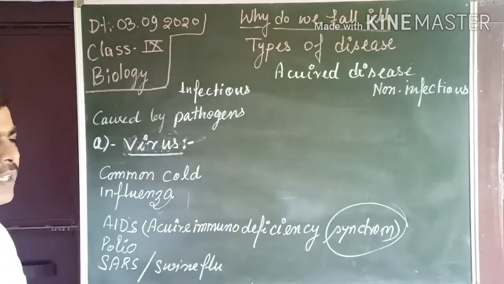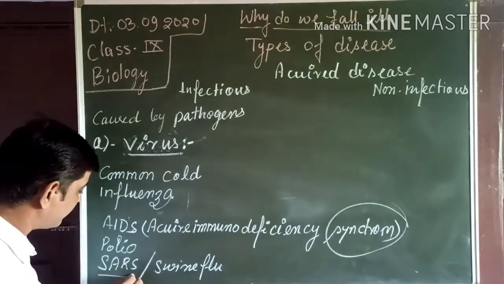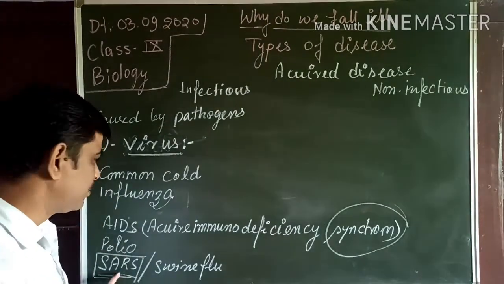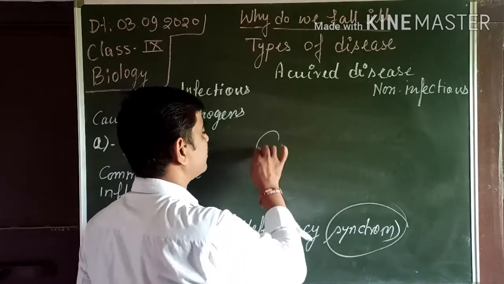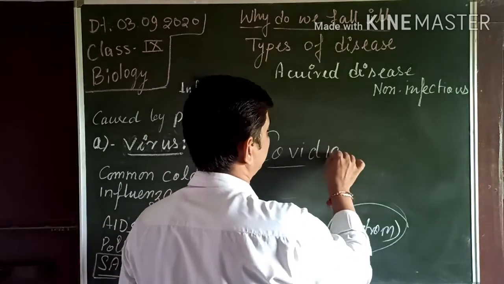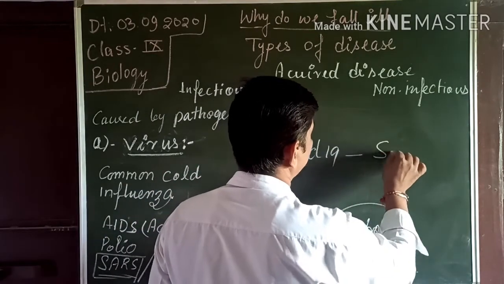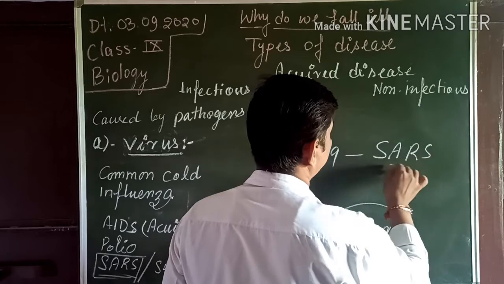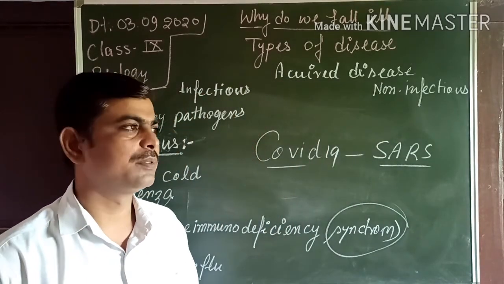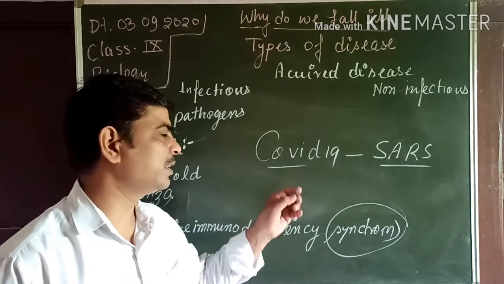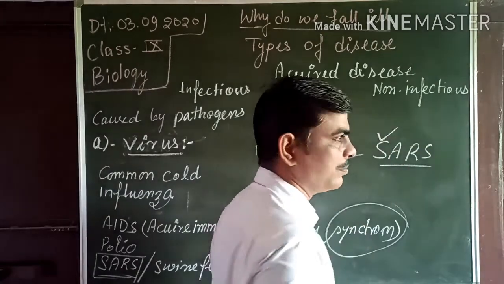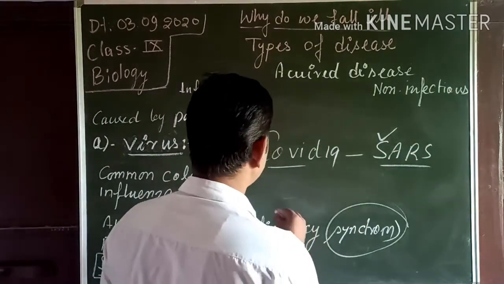Okay, virus, this is SARS. Today we are suffering from COVID-19. That is the same family. There are 7 types of diseases caused by this virus, and SARS is one of them. What is SARS?